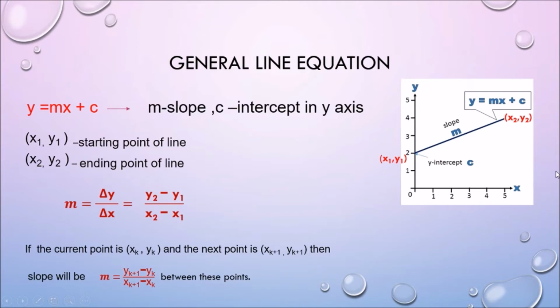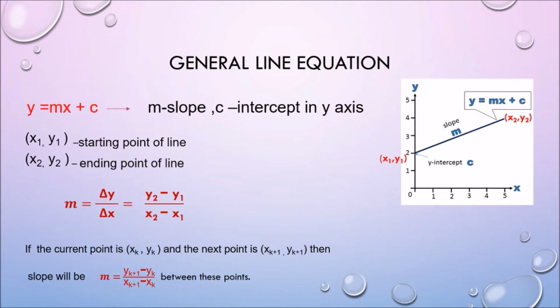If the current point of the line is xk, yk, and the next coordinate is xk plus 1, yk plus 1, then the slope between these 2 points will be yk plus 1 minus yk divided by xk plus 1 minus xk. This is how we find all the intermediate points from starting point to ending point.